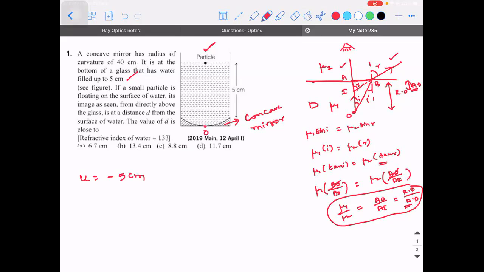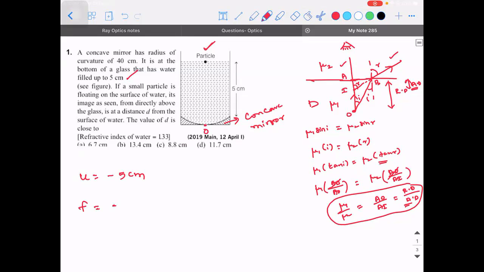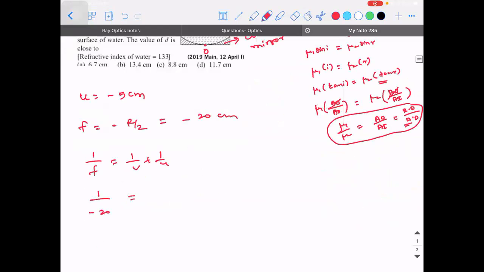And what is the focal length? Minus 20. Like I told you, I'm looking at it like this. So this distance is 5. Correct? Since this is known, what is v? 1 by f is equal to 1 by v plus 1 by u. 1 by v, with f as -20, plus 1 by -5.